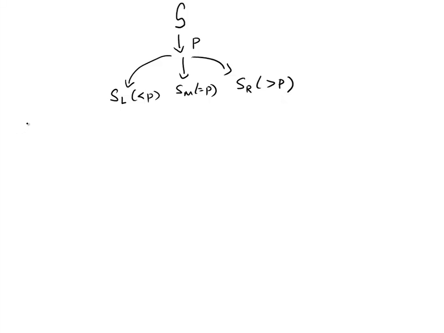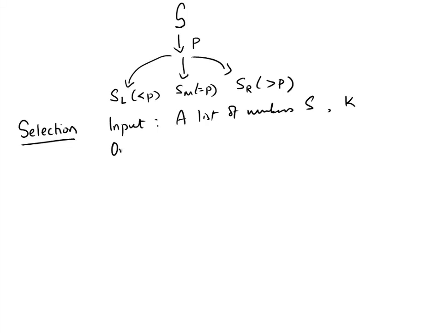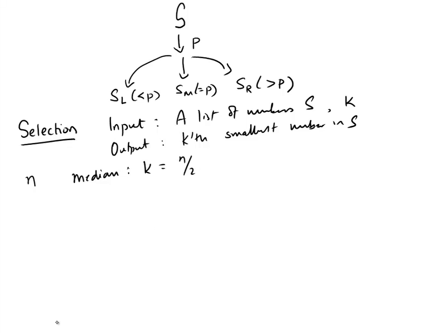For example, there is this famous problem called selection, which is you're given an input, a list of numbers, S, and you're given a number K, and you're asked to find which of these numbers is the kth smallest number in S. The selection problem, by the way, if you are given a list of n numbers, then in fact the median is the kth smallest number, where k is roughly n by 2, right? So the median finding problem is also similar to the selection problem.